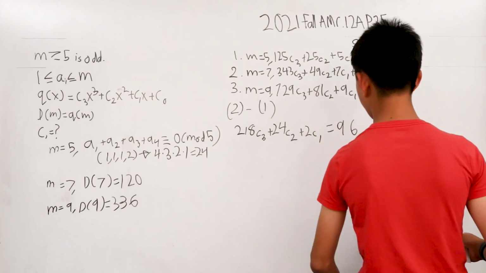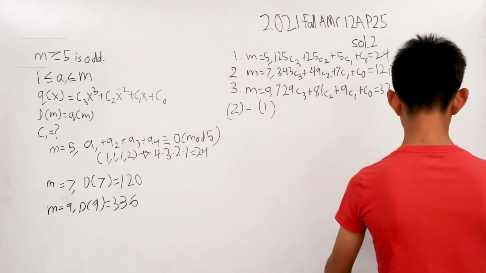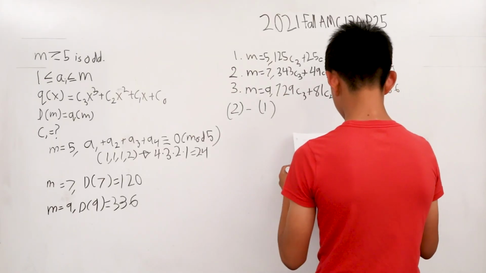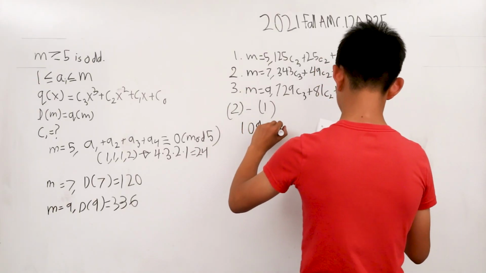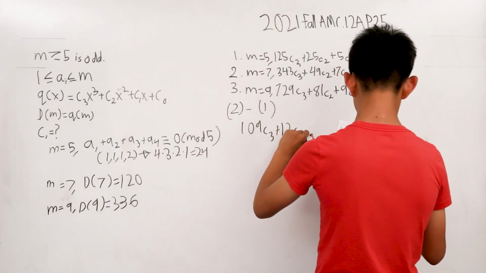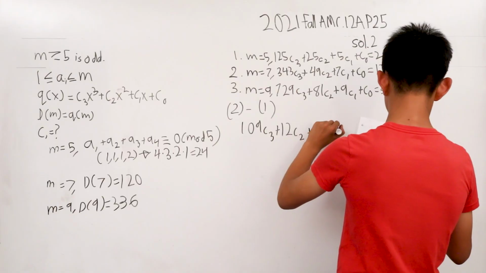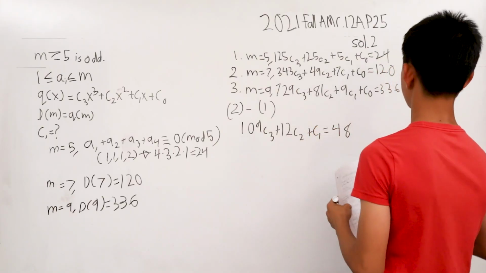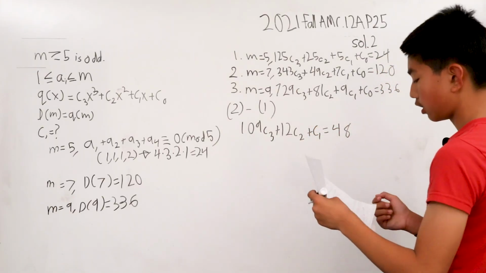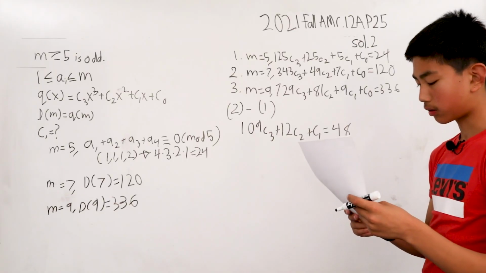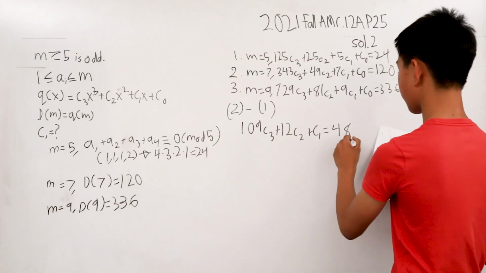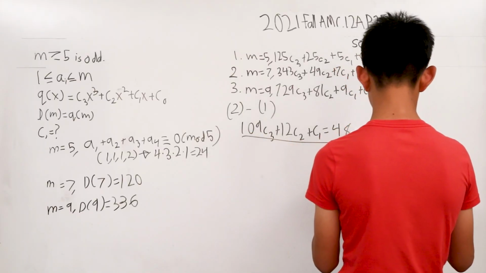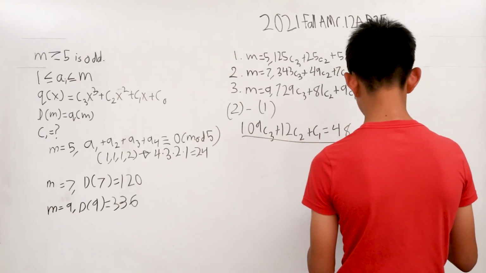You can then divide all of that by 2 to get 109 C3 plus 12 C2 plus C1 is 48. As 120 minus 24, our first one was 96, but since we divided by 2, we get 48. We have this equation, and that's going to be pretty important later on.